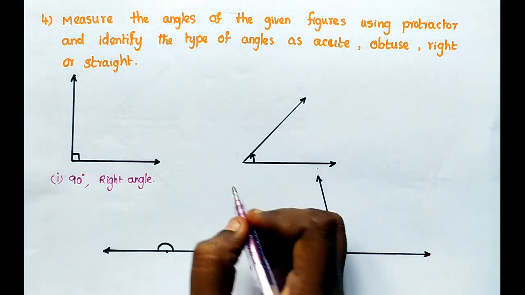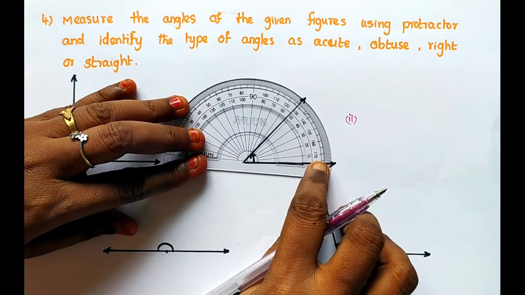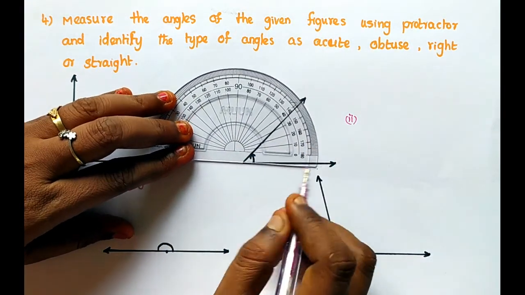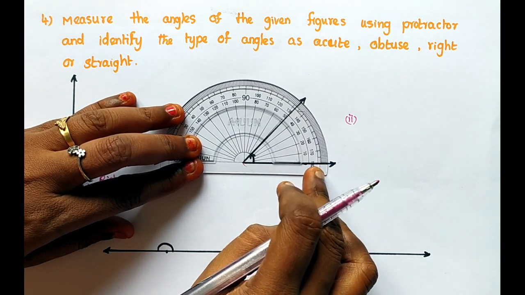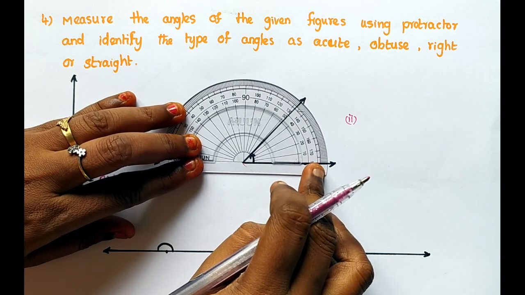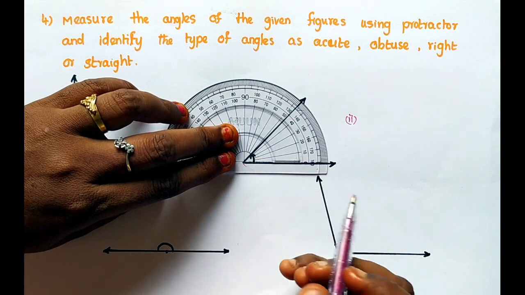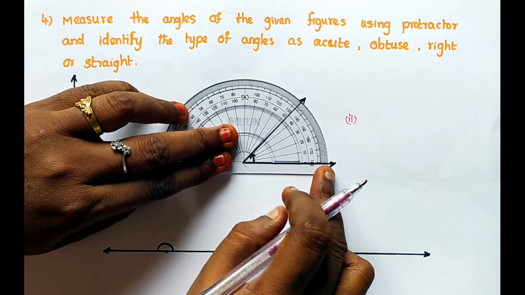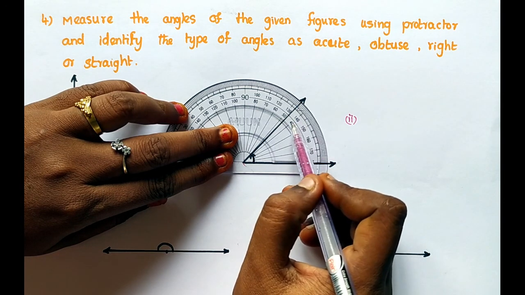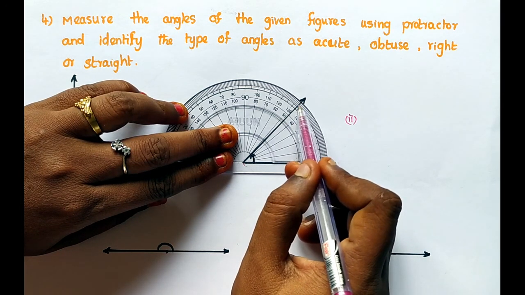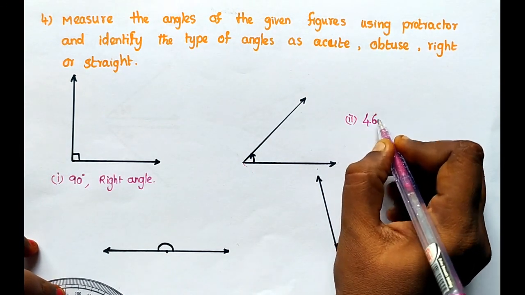Next one, measure this one, that is the starting point. So set this one as the center and measure the angle, that is 46 degree.